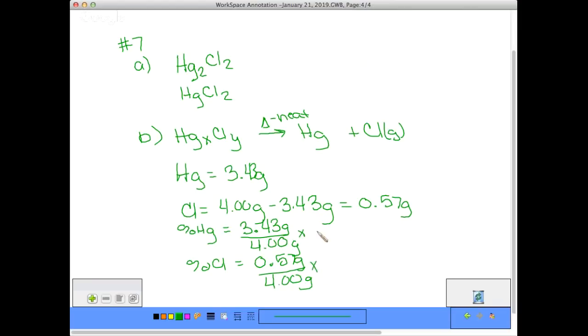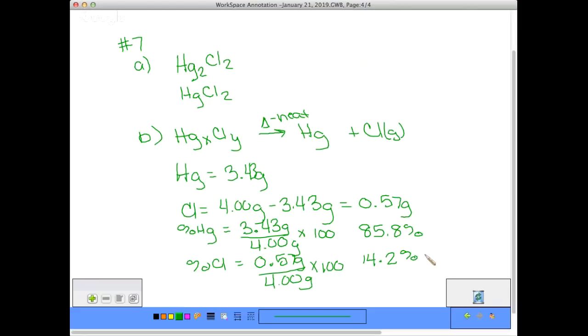I'm going to multiply both by 100 to get a percentage, and what I end up getting is 85.8%, and then the rest is 14.2% for the rest of my compound.